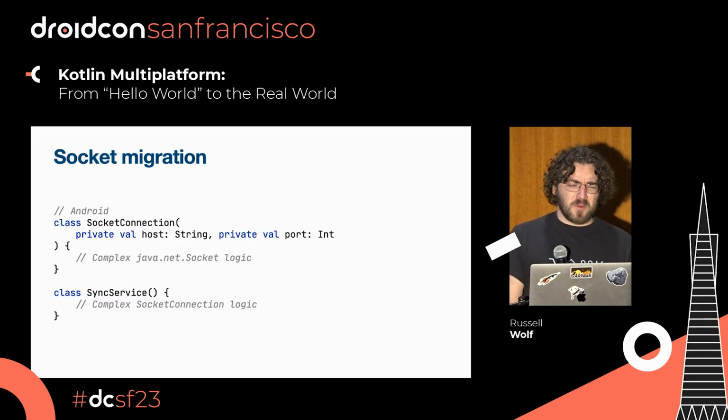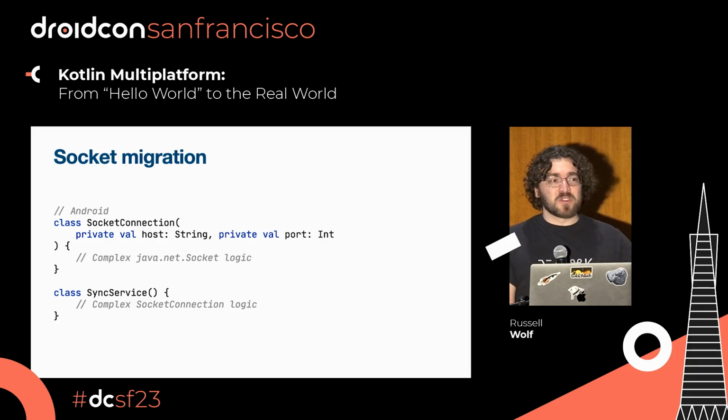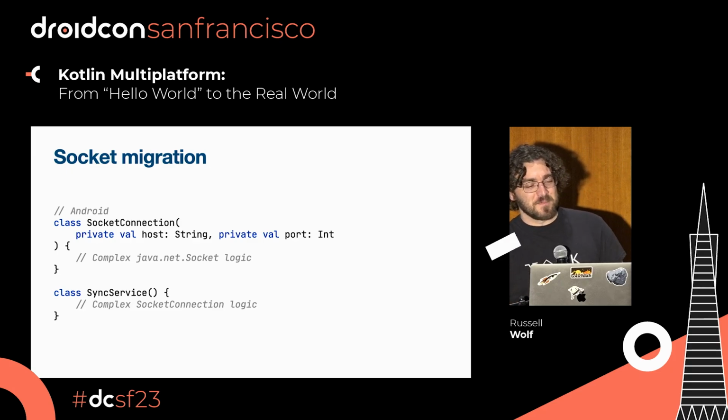Another similar one, I think on the same project: we were trying to migrate some socket-based logic. There was this sync service doing all this complicated communication. Android had a bunch of complicated logic using Java sockets, creating and destroying sockets and sending messages through them.